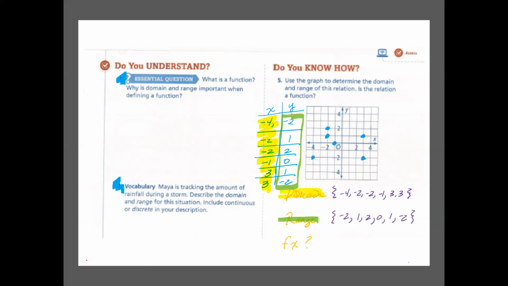So is it a function? Well, let's take a look at the domain. Do you see any numbers here that are repeating? Yeah, I see -2 repeating and 3 repeating. So nope, it's not a function because x equals -2 and x equals 3 repeat. And that's all that you have to do.